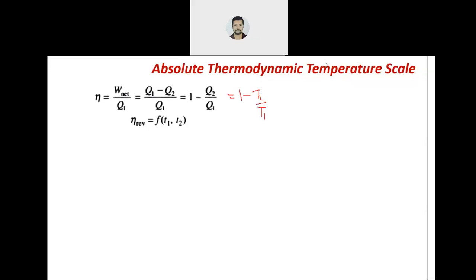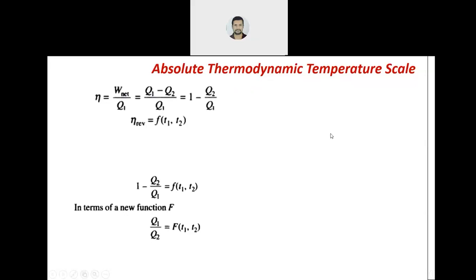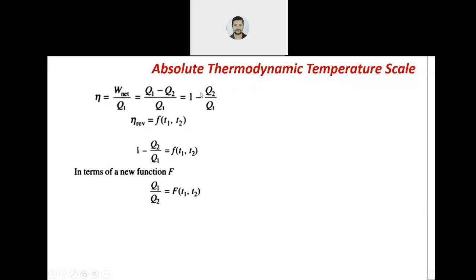From this, we will get a good relationship. How? See, the same thing we have written: 1 minus Q2 by Q1 is a function of T1 and T2. Or if you remove the 1, you can write Q1 by Q2 is a function of T1 and T2. Correct?